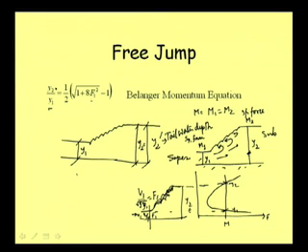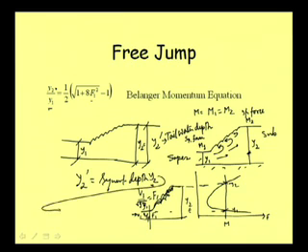So what is the condition? That Y2 dash, the tail water depth, is equal to the sequent depth Y2. So what is this Y2?